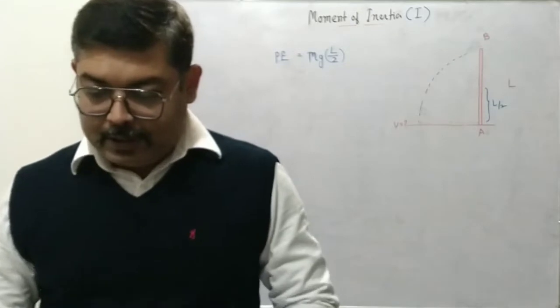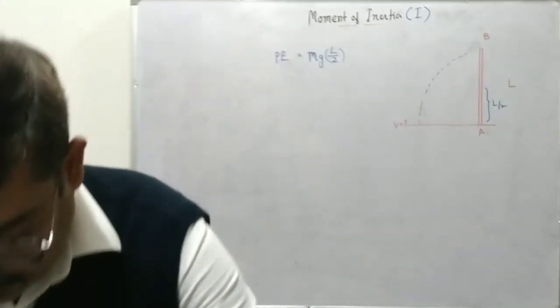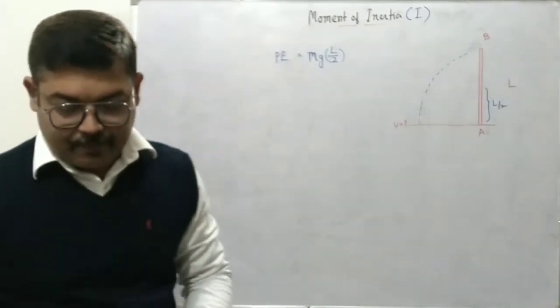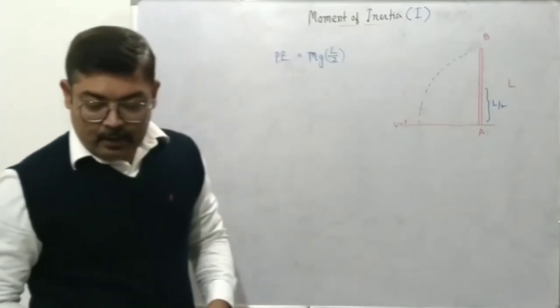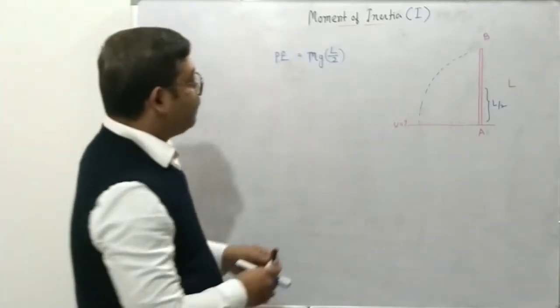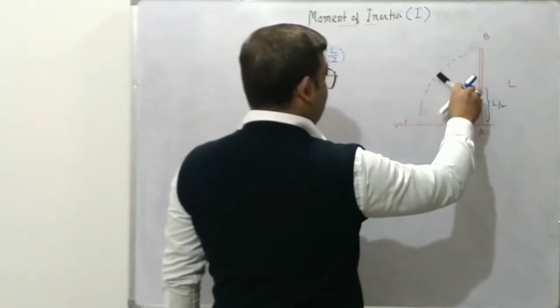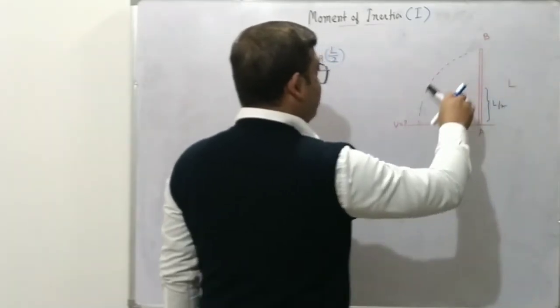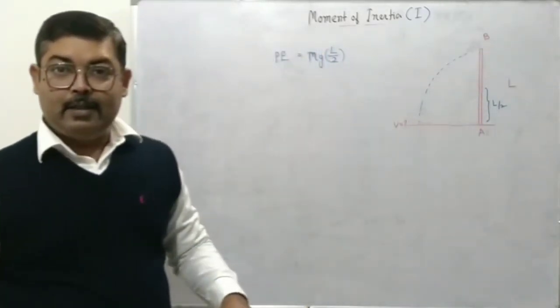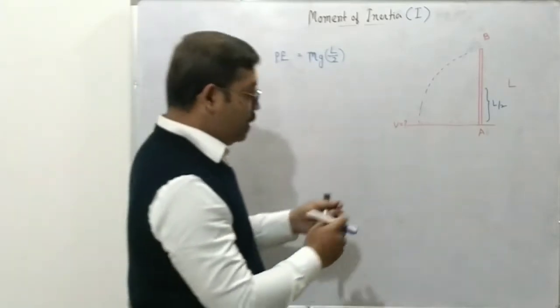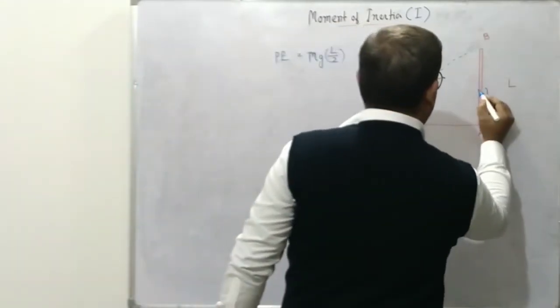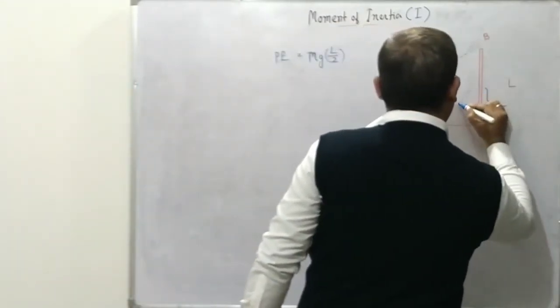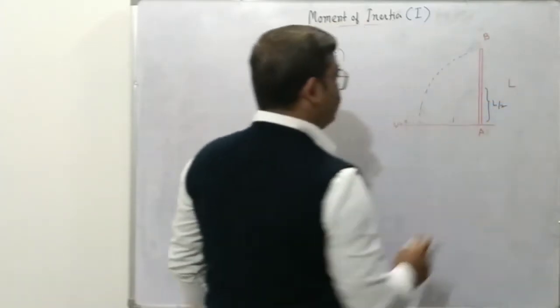Now let us consider the second part of it, that is the rotational motion part. Now what will happen is that when the rod rotates and falls here, point B is going to gain kinetic energy at the expense of potential energy, because the center of mass is also going to follow a circle of radius L by 2.